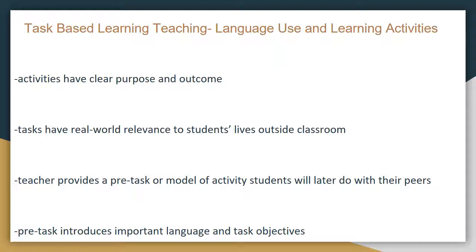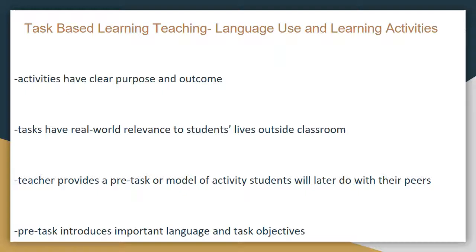So the tasks or activities that students participate in all have a clear purpose and outcome. They also have a real-world relevance to students' lives outside the classroom. Normally, the teacher will demonstrate the task at hand by providing a pre-task or a model activity, and students will later often do that model activity with their peers.